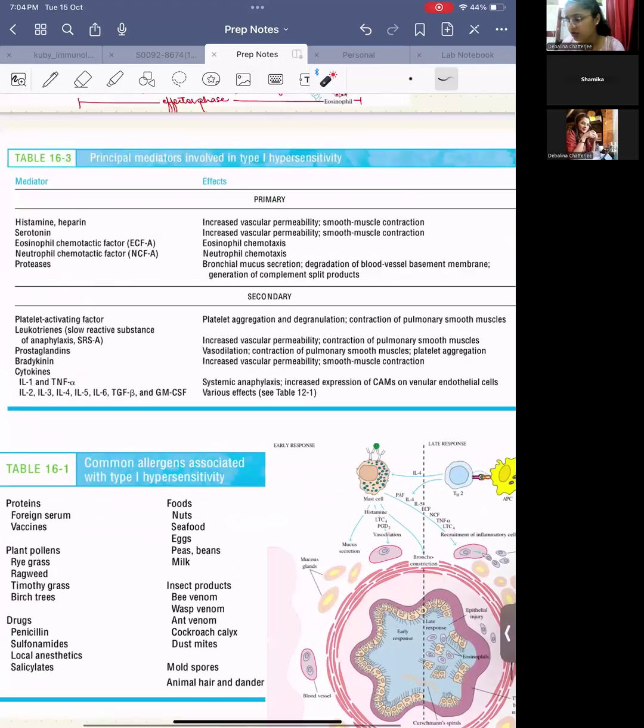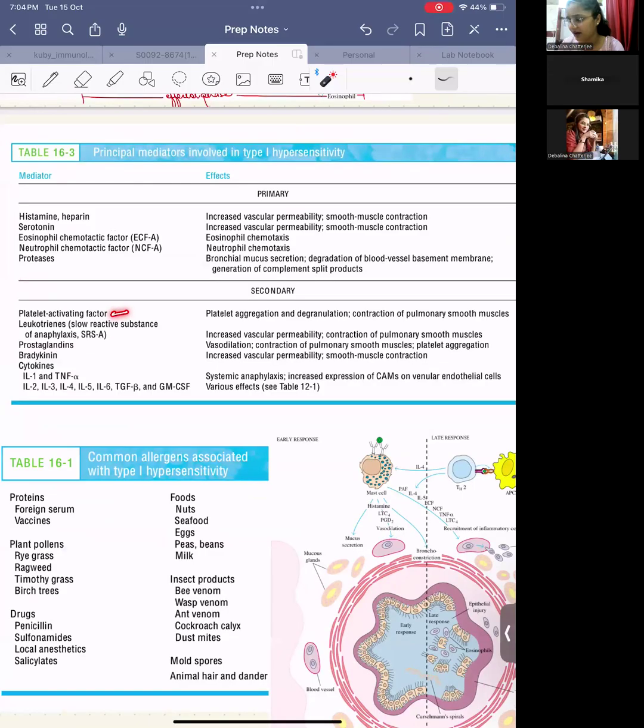Secondary mediators that we also talked about include the platelet activating factor. As the name suggests, it is going to cause aggregation of the platelets. Because platelets are going to be required if there is, say, any breach in the system, any blood flow happening. So platelets are required for clotting of those responses.